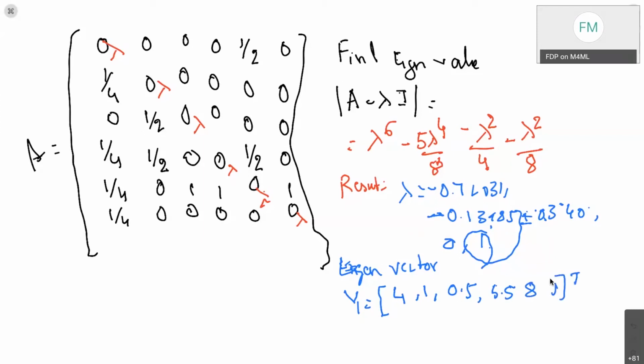Now, 8 is the highest value, and these are A1, A2, A3, A4, A5, and A6. Since A5 has the highest value, it means the highest rank. So that's the reason it appears at the top of the applications.